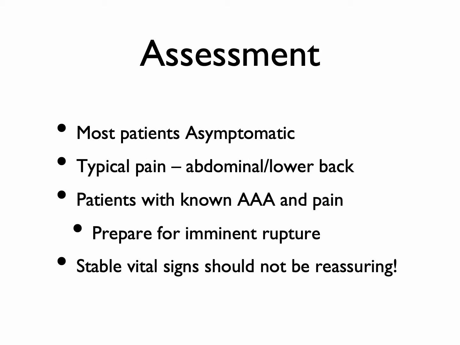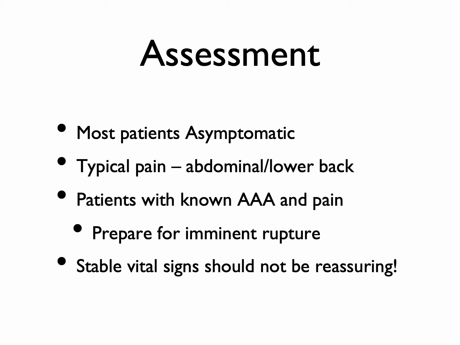When we're assessing someone or trying to work up patients for abdominal aortic aneurysms, most patients are actually asymptomatic. Some may report some typical pain in their abdomen or lower back, and patients with a known AAA and pain, so worsening pain, then we need to prepare that they're going to imminently rupture, and we need to get these patients to an operating theatre as soon as possible.